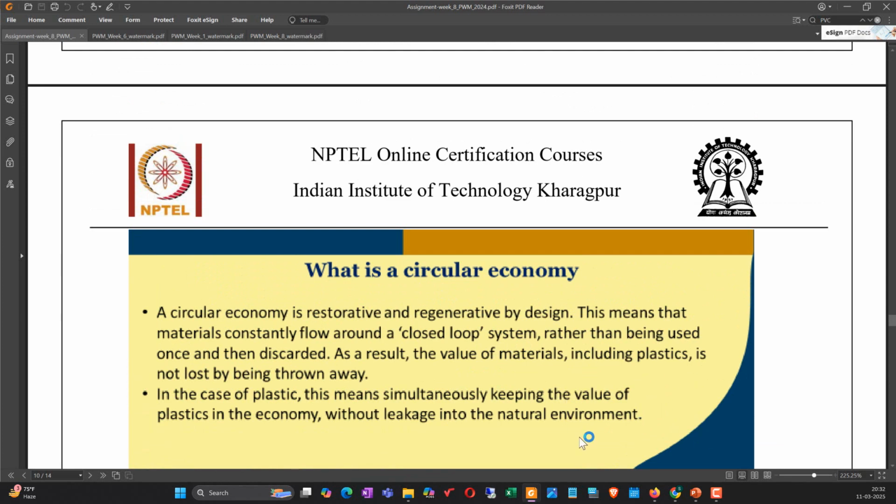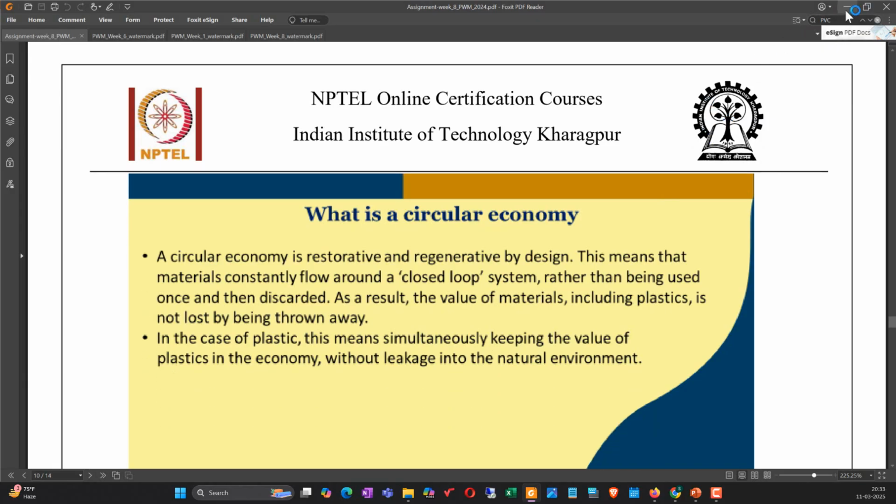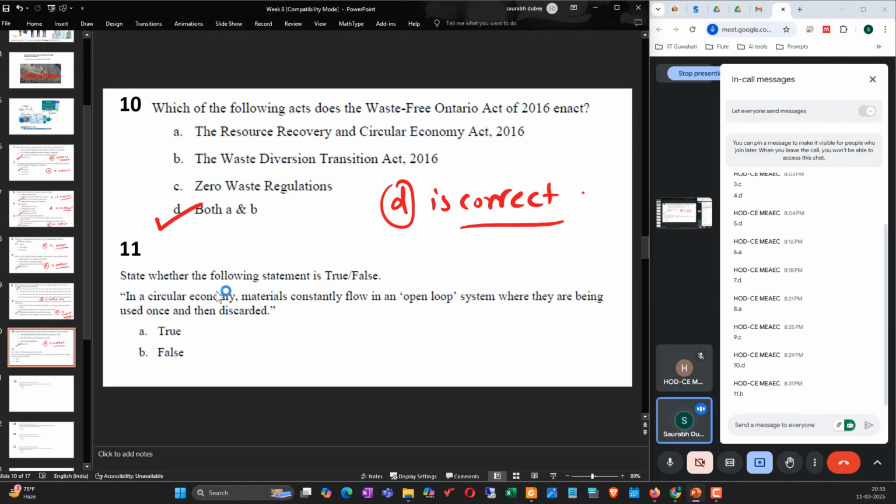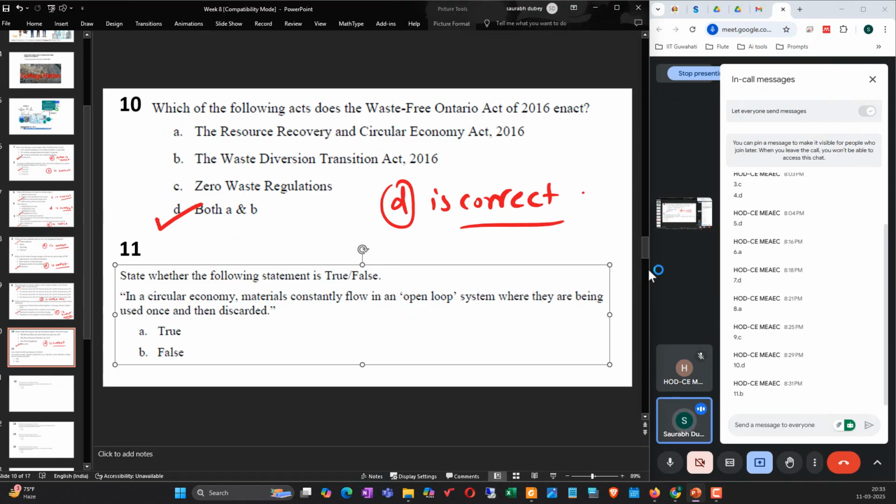So the environment, ecosystem, society, and the overall purpose of this circular economy, which is sustainability and maintaining sustainability for the future, at the same time maintaining the needs of the present society. So false is the correct one.